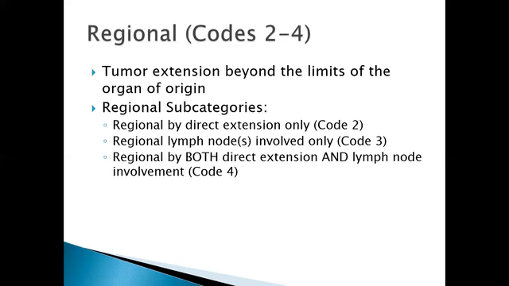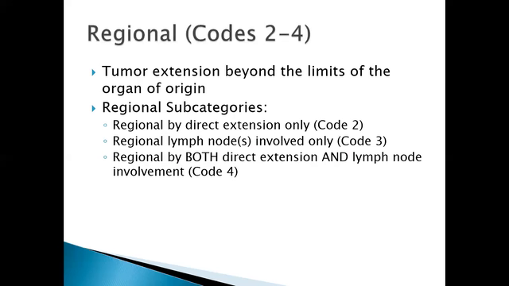Although the boundary between localized and regional tumor extension is usually well defined, the boundary between regional and distant spread is not always clear and can be defined differently by physicians in various specialties.